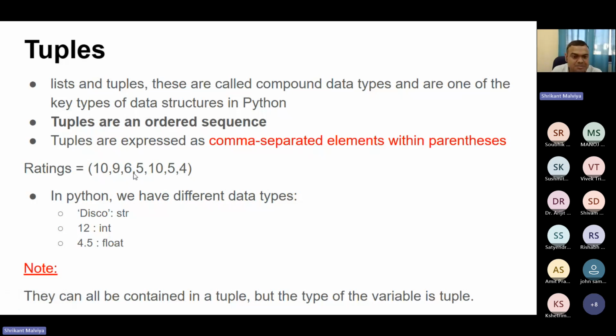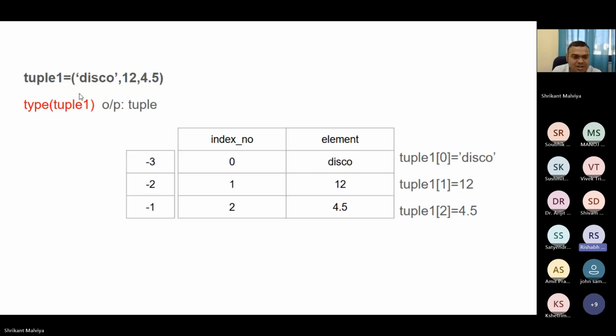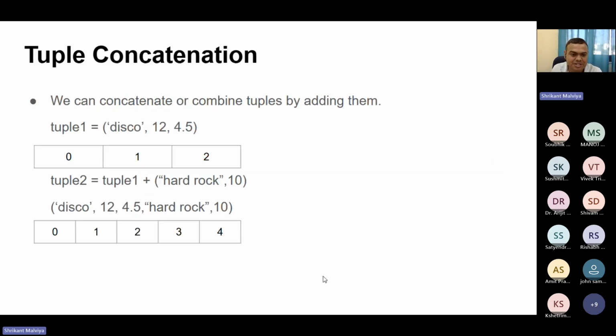Here, tuple1 is a user-defined variable, and we are assigning a tuple of three elements: one is a string, another is a number, and the last one is the float 4.5. If we want to access any of these elements, we can do it by defining an index. When we access tuple1[0], it will show disco as the output. That's how a tuple is defined.